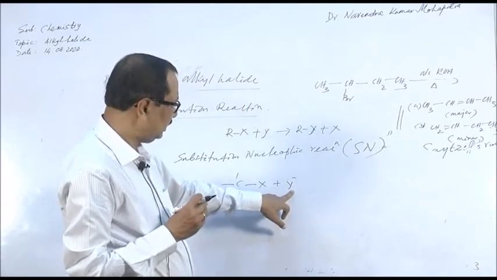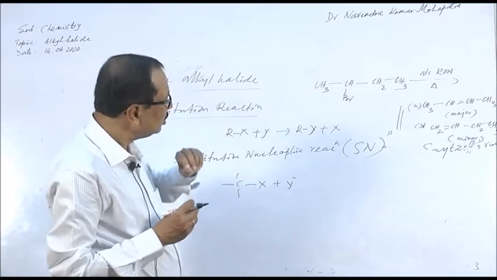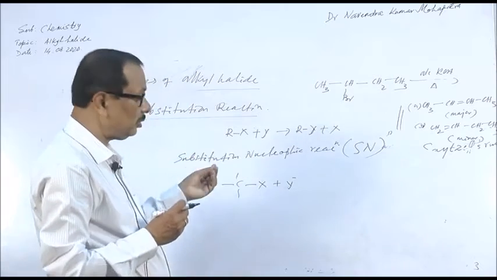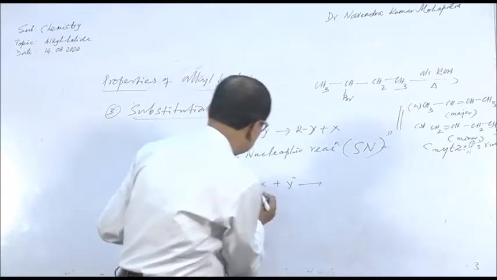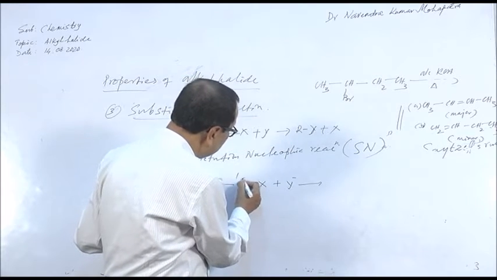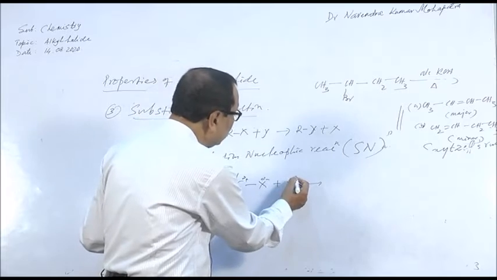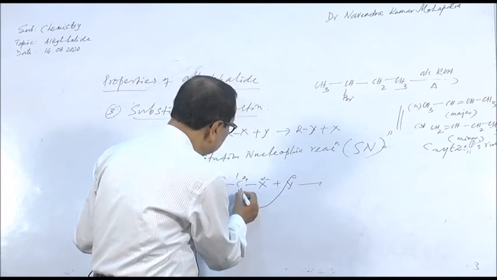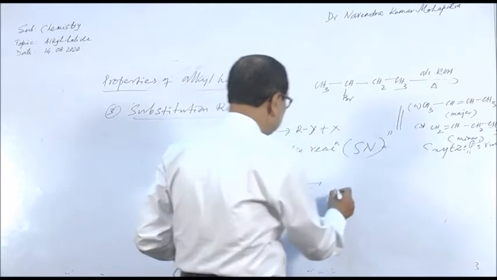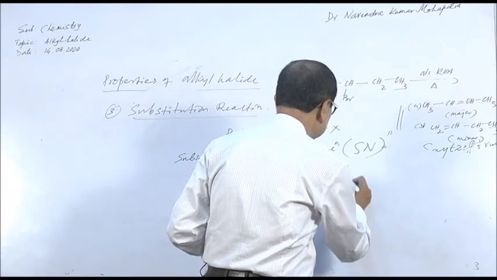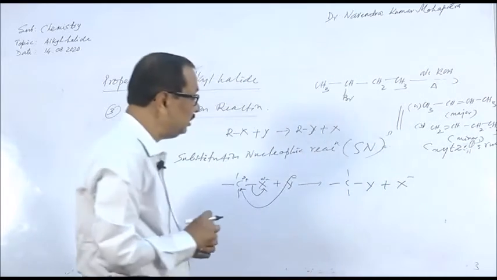Nucleophiles are atoms or groups of atoms carrying negative charge or a lone pair of electrons, capable of donating that lone pair. Here the carbon develops a fractional positive charge, therefore Y minus can attack this carbon atom and replace X, giving R-Y plus X minus, where X minus is the leaving group.